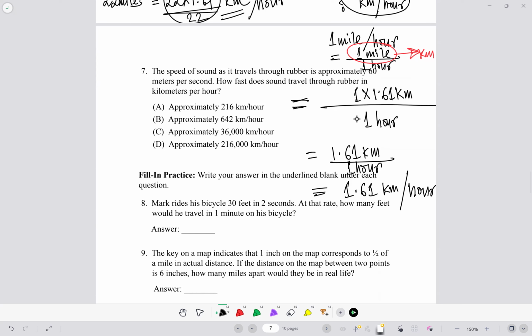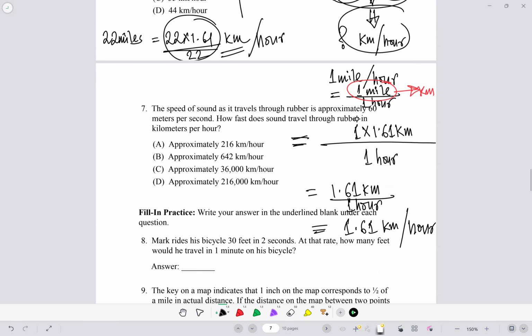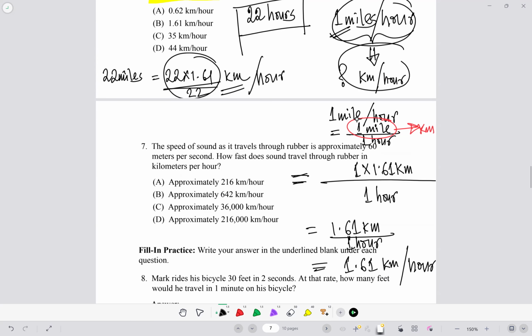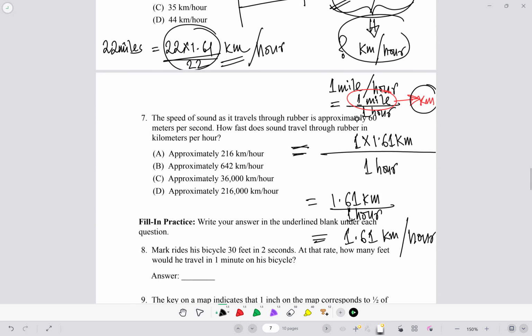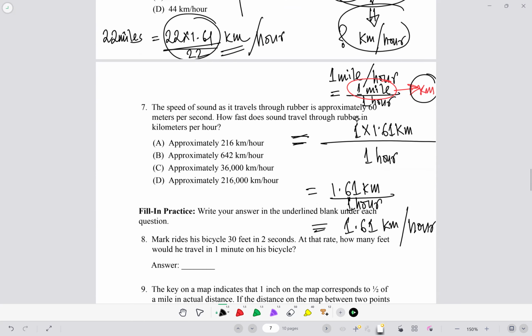Am I correct or wrong? Yeah. Maybe this could be given in terms of kilometer, and if you were asked to find the mile, then you would just need to divide it. For example, maybe it was given like 1 kilometer per hour, and you were asked what miles per hour.